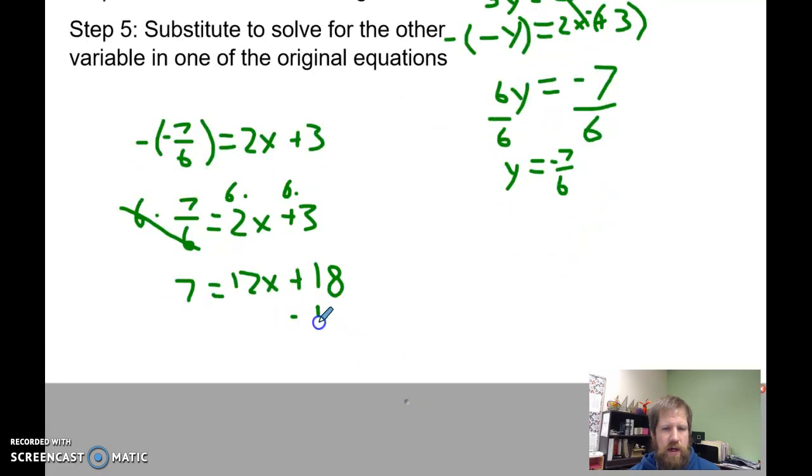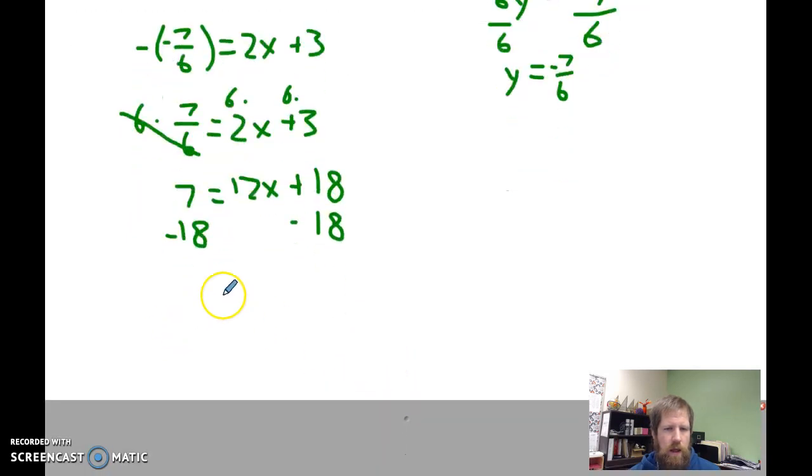And subtract 18. I end up with 12x is equal to negative 11. Divide by 12.